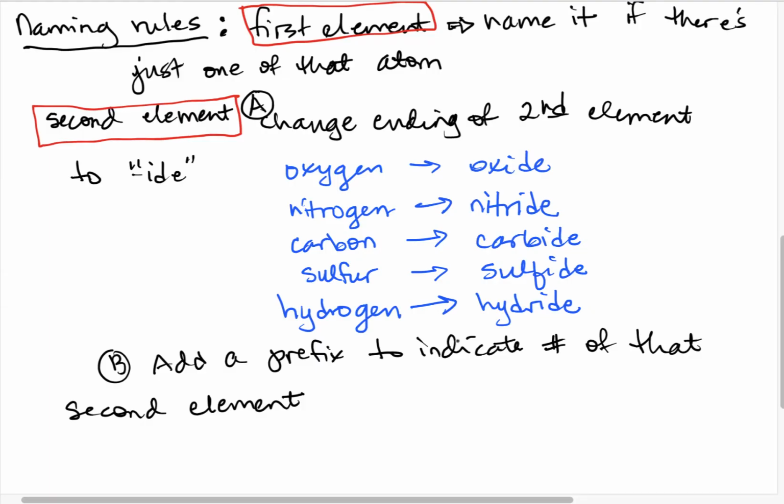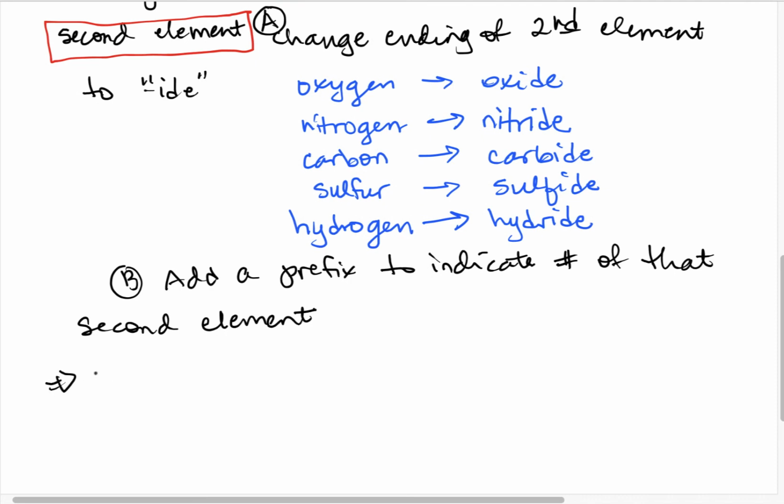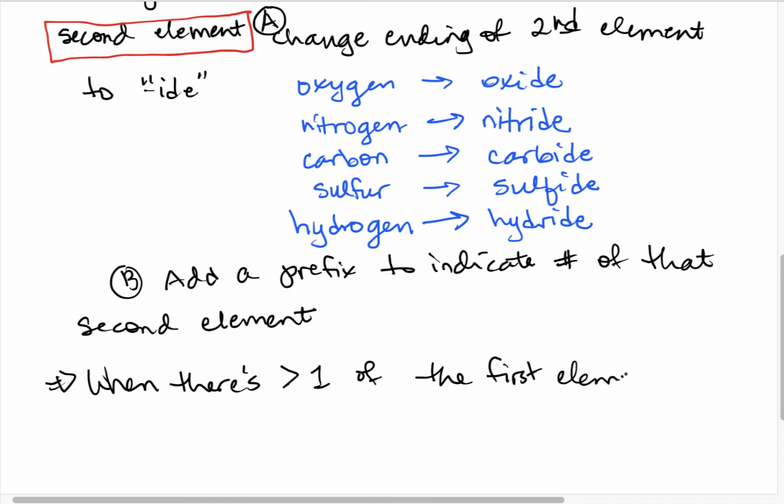So let's go ahead and try a couple of practice problems here. And I also want to have a little caveat here for our first element, which is when there's more than one of the first element, we add a prefix to it.